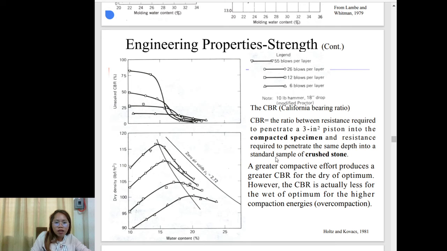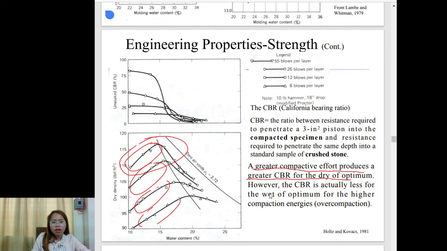This one is the highest compactive effort among these samples.